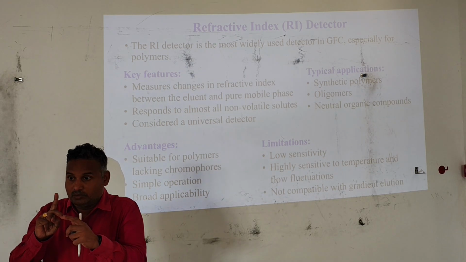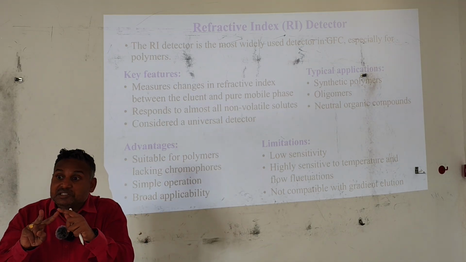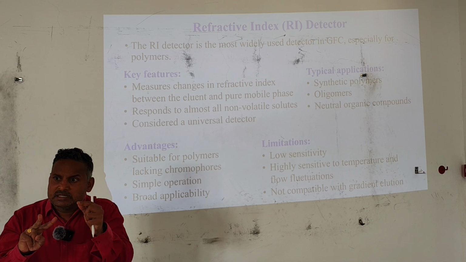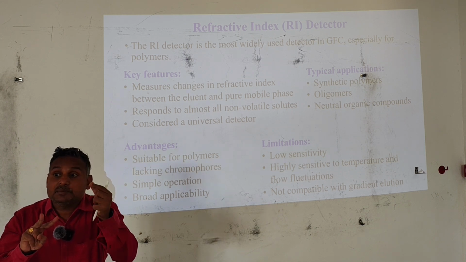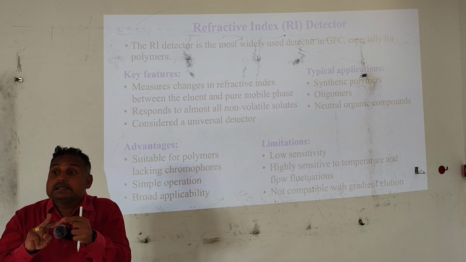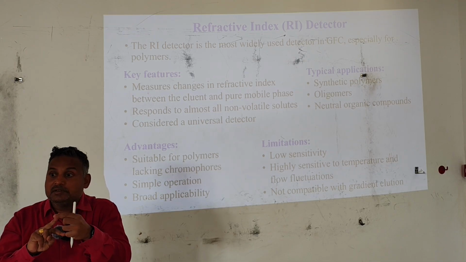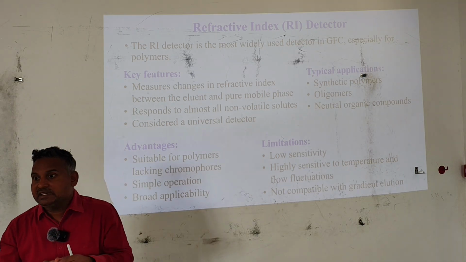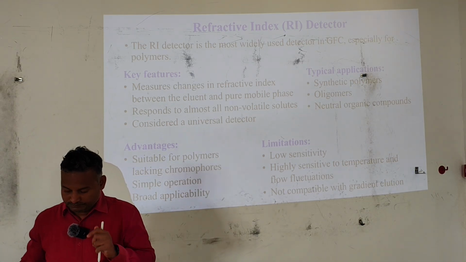For example, if the detector is a selective detector, it is applicable to only certain types of molecules. That means a selective detector. If the detector is selective, then it will have high sensitivity. Did you get the point?